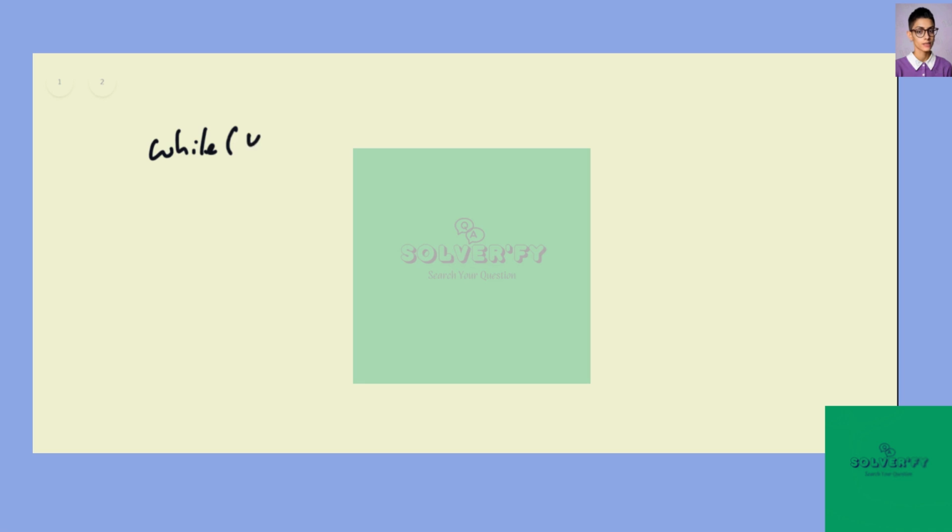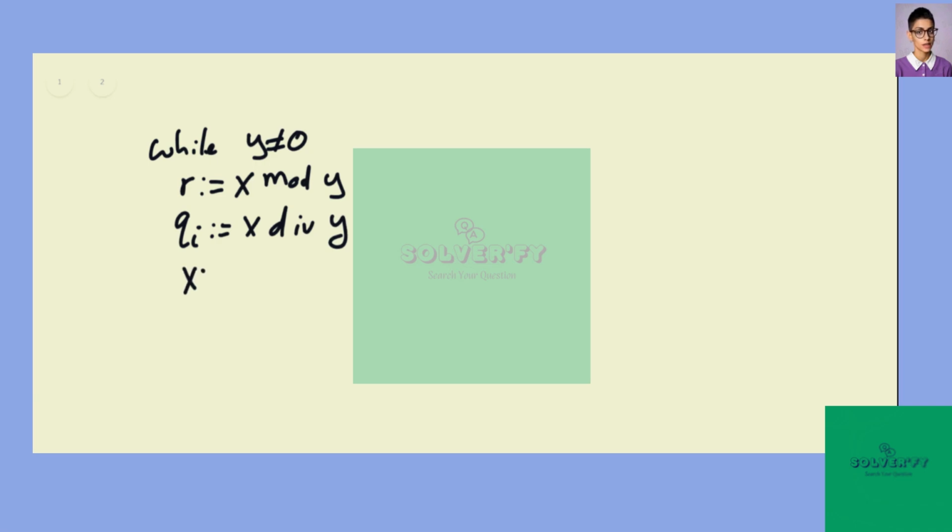So while y does not equal 0, we'll take the remainder r of x mod y. We'll let qi be equal to x divided by y. Then we'll set x equal to y and y equal to r.